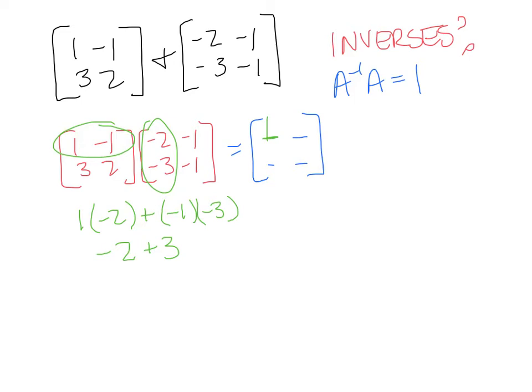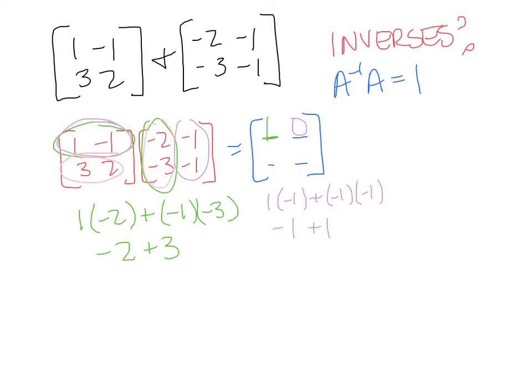Now we have some other entries that we need to take care of. Row 1, column 2 is going to get us 1 times -1 plus -1 times -1, which is -1 plus 1, which is 0. So this is another good thing. See, we're almost to our identity matrix.